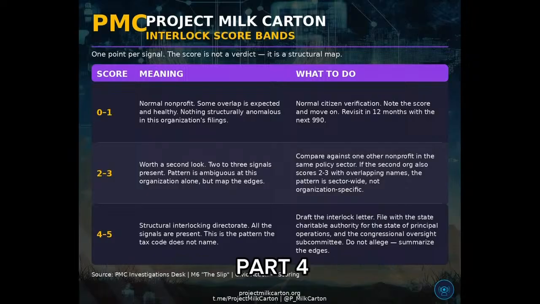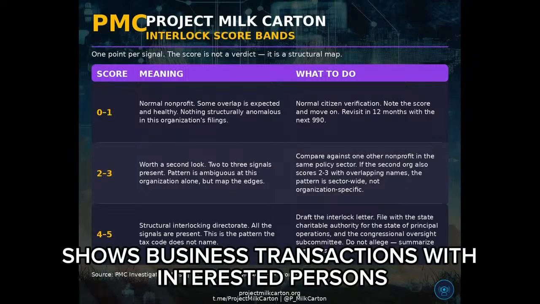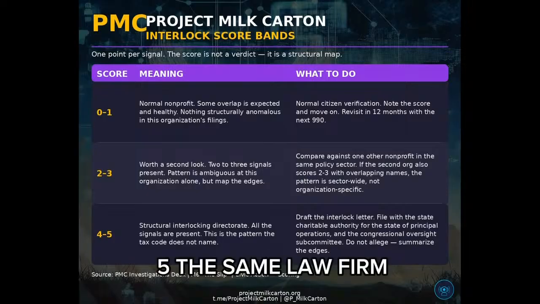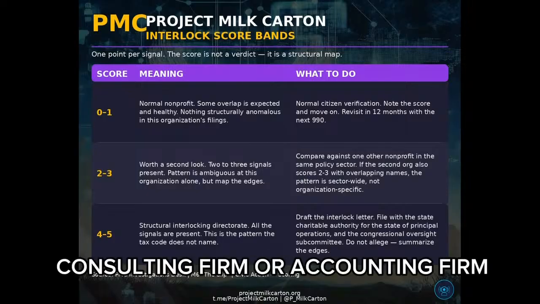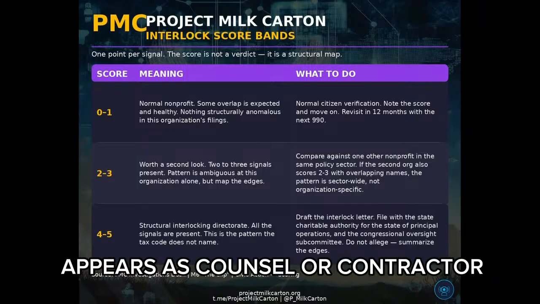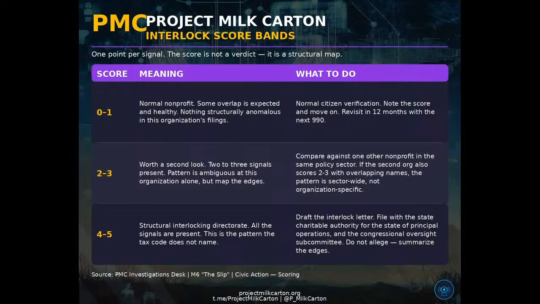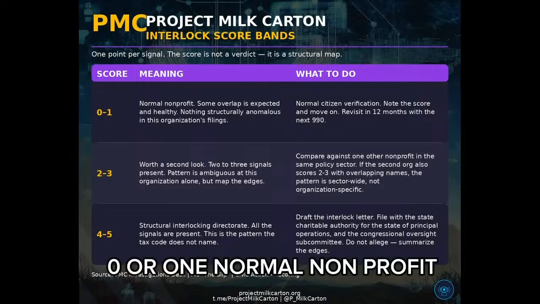Schedule L Part 4 shows business transactions with interested persons above $100,000. 5. The same law firm, consulting firm, or accounting firm appears as counsel or contractor across 3 or more of the related organizations.